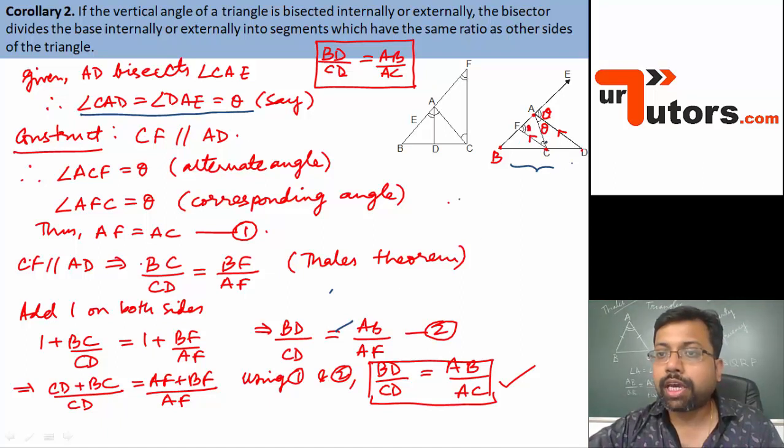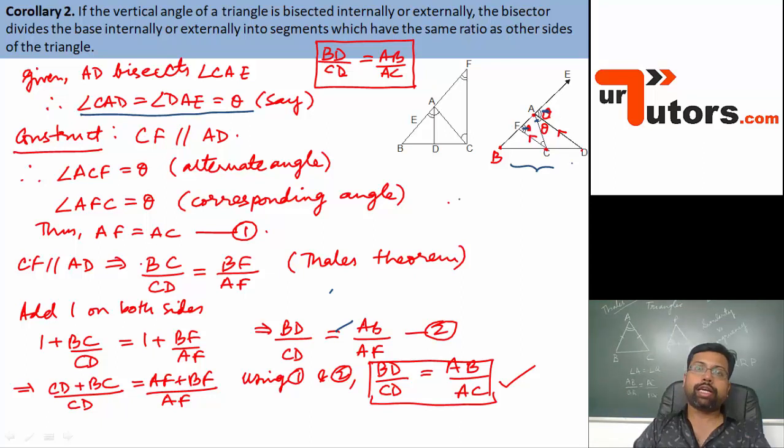You have ACF equal to CAD, which is equal to theta by alternate angle property, and angle AFC is equal to angle DAE is equal to theta by corresponding angle property. Now if angle ACF and angle AFC are equal, what do you see in the figure? If these two angles are equal, which would mean AF will be equal to AC. We call this equation 1.